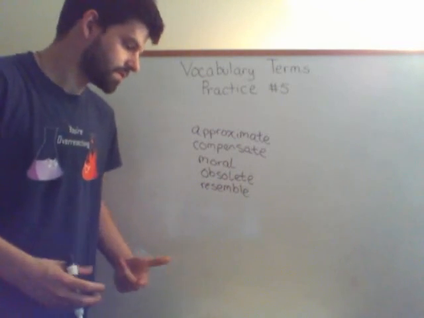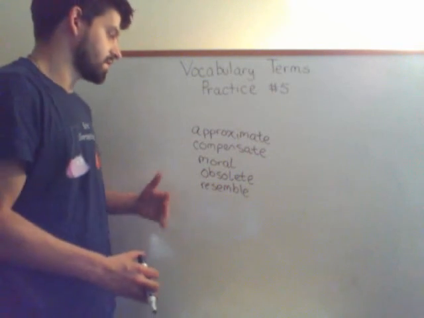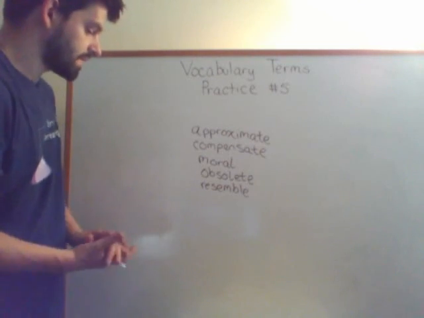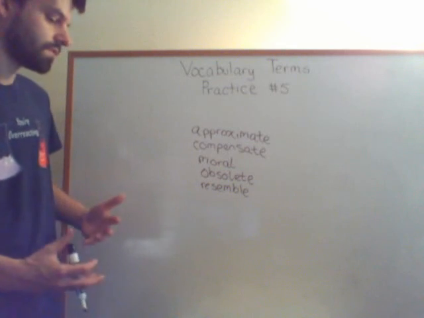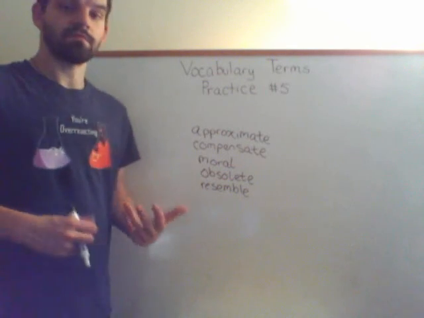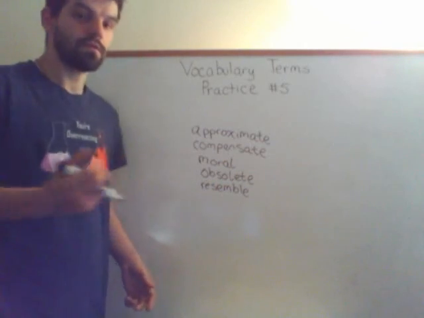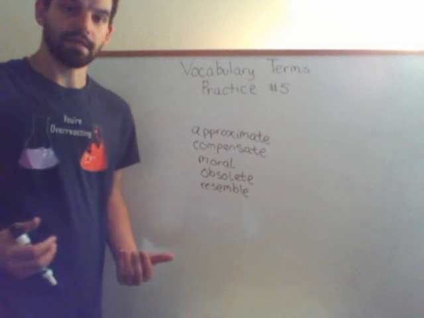But its second definition is to make up for something unwelcome or unpleasant by exerting an opposite force or effect. Moral's definition is a double meaning word. Its primary definition is concerned with the principles of right and wrong behavior, and its second definition is holding or manifesting the principles of proper conduct.